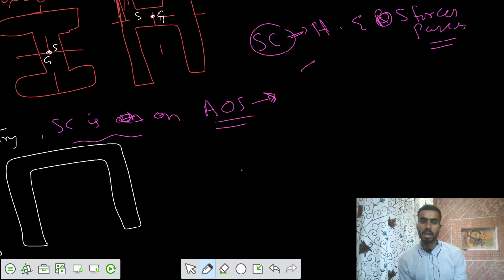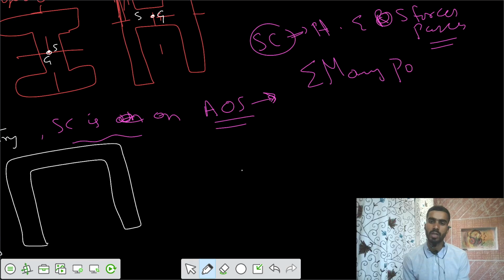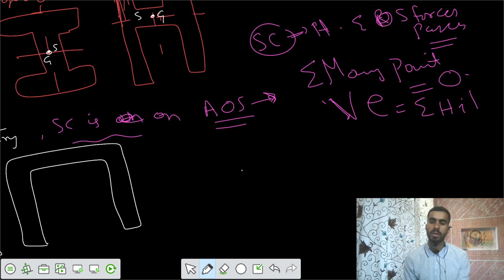So if you apply conservation of moments, if you take the summation of moments at any point, you can equate that to 0. With some distances, let's call them d, you can get the value of that particular location E where the shear center would be.